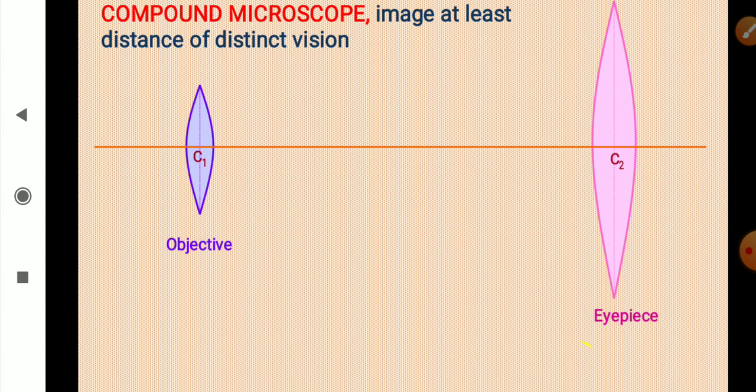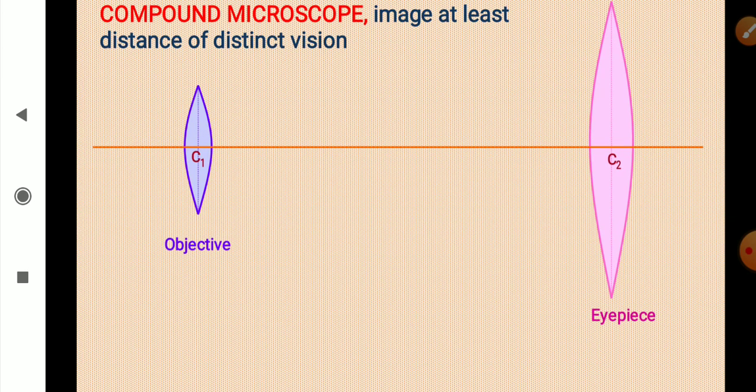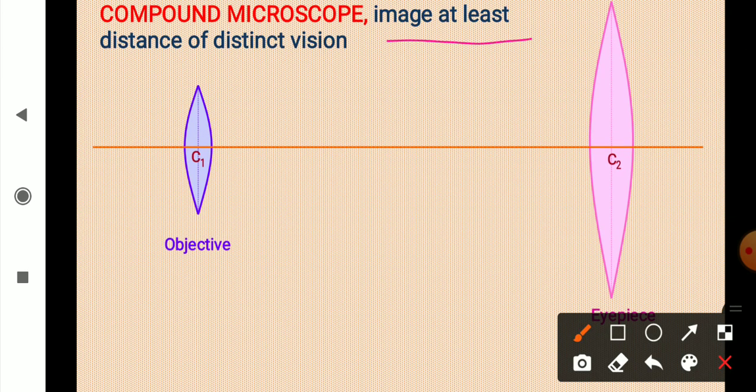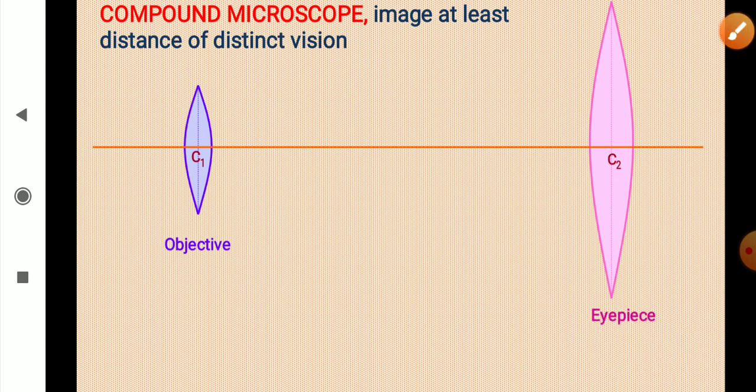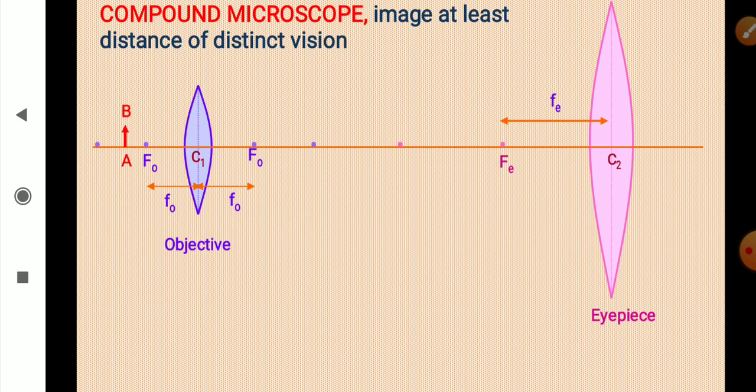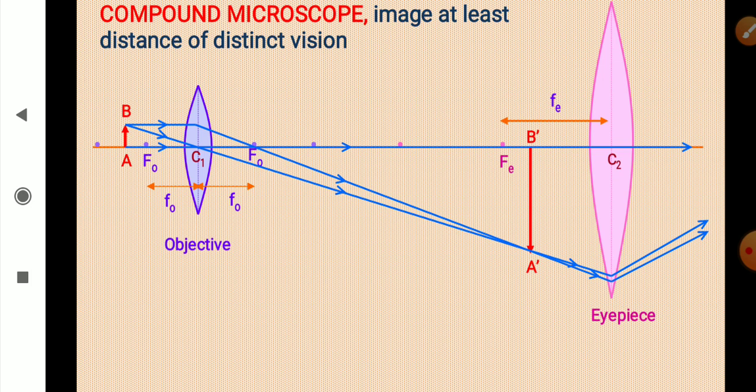We are considering the first case when the image is formed at the least distance of distinct vision, and the lens which is facing the object is called the objective, and the lens through which you watch is called the eyepiece.